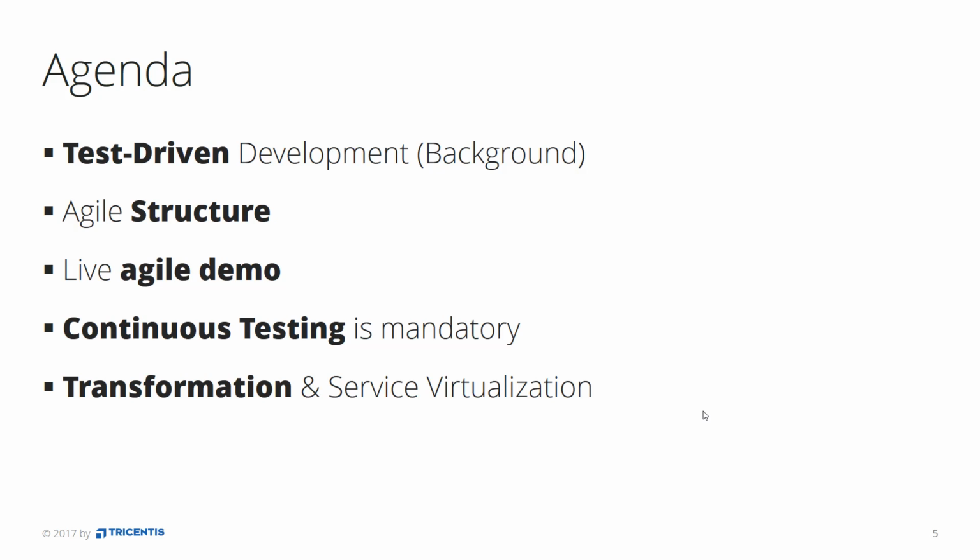We will go to Agile structures in Tosca. Then I will do a live Agile demo in Tricentis Tosca. Then we will see why continuous testing is mandatory. And at the end, we will cover some transformation information about Agile testing and waterfall testing, and service virtualization.